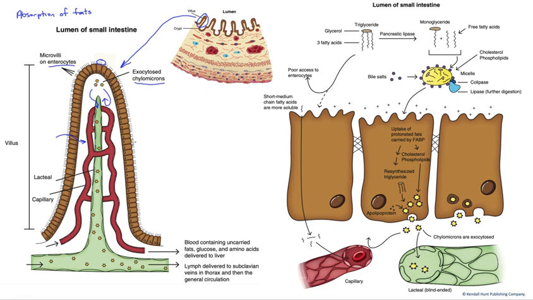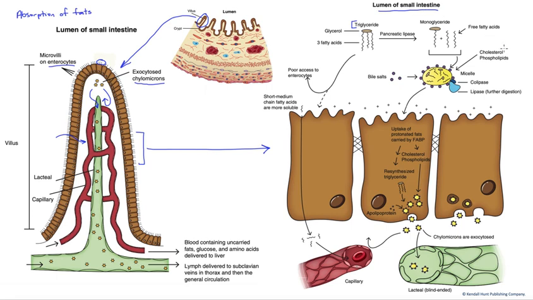Now, if we take a section of these enterocytes, just a few of them, and blow them up over here on the right, we can look at how the fats are processed and packaged for their absorption across that wall. Here we are in the lumen of the small intestine. We've got our fats partially digested. A primary source of fat in our diet would be triglycerides.